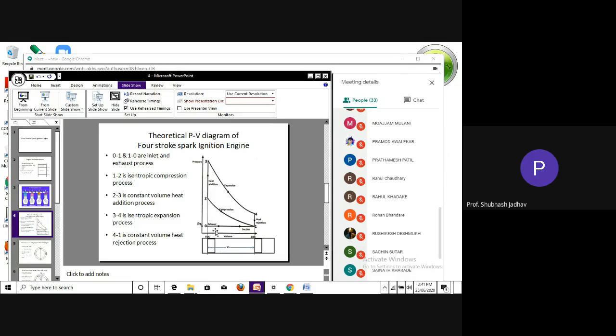In this portion, the piston was moving from top dead center to bottom dead center. From here to here, the piston is moving from bottom dead center to top dead center. Here, actually, combustion is happening, that is, the mixture is burning. But we are assuming everything happens instantaneously, that means no time, so the piston does not move.